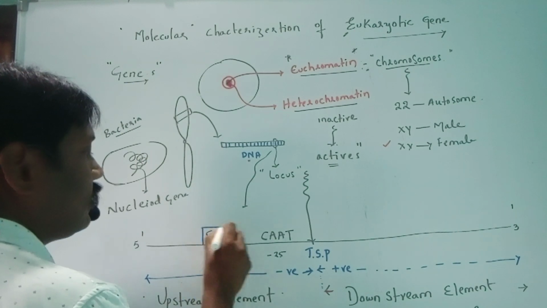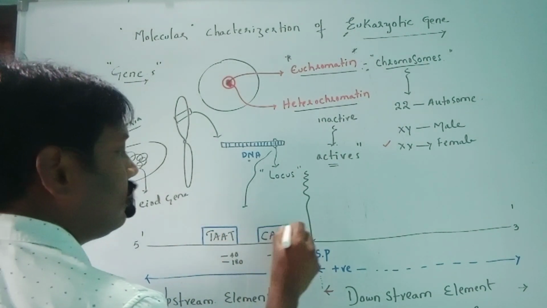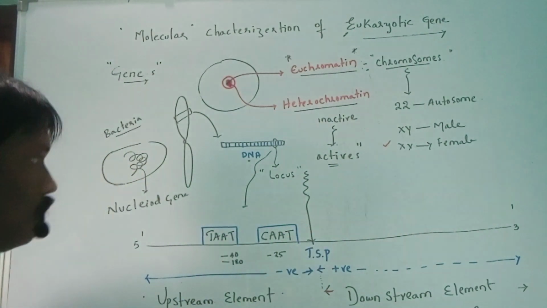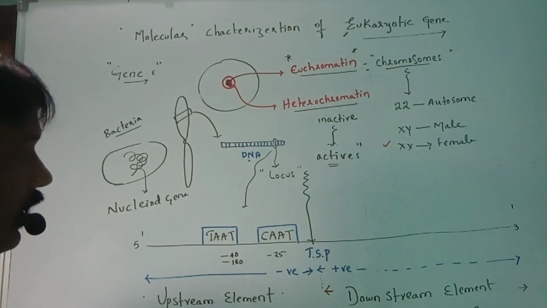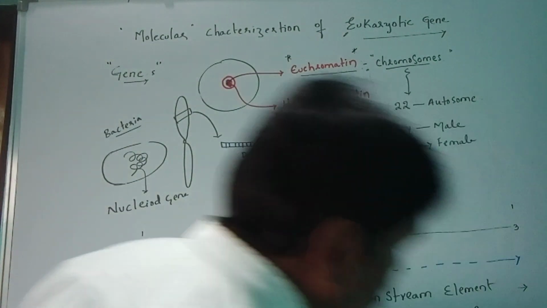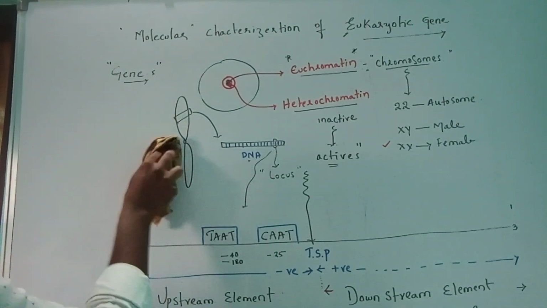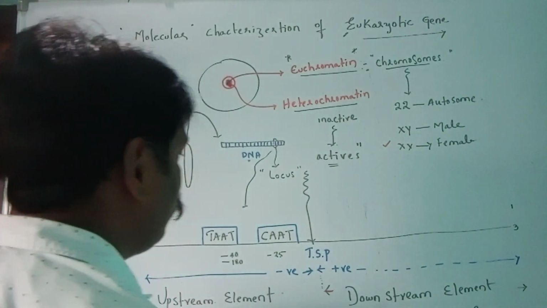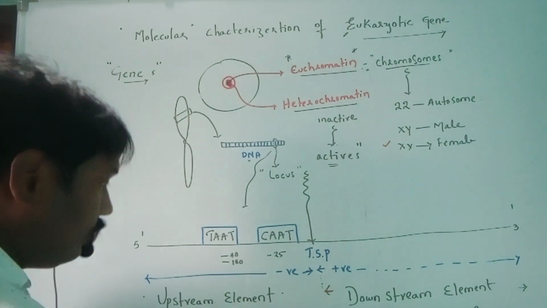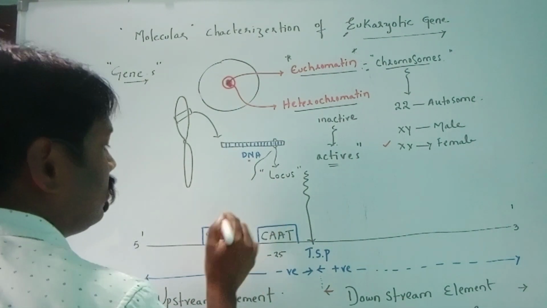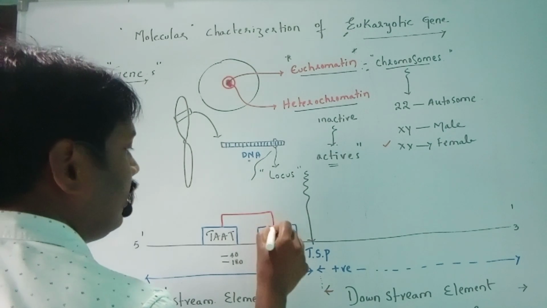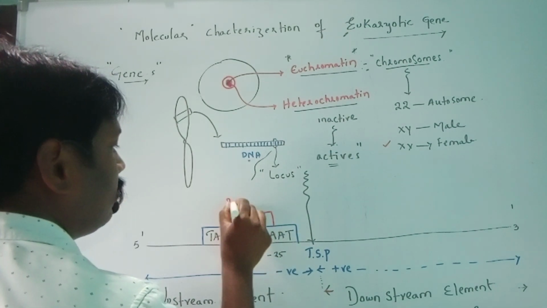Important point: the CAAT box and the TATA box. These two boxes are acting like a promoter.